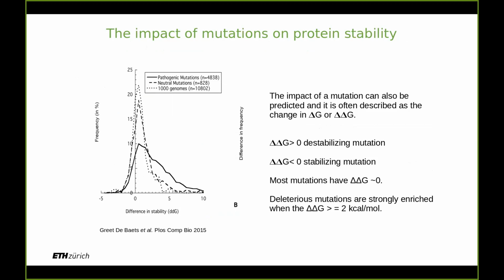And on the graph, you can see some predicted differences in stability, so this delta G, for pathogenic mutations, neutral mutations, and mutations that occur in the population. So these 1,000 Genomes variants should not be very deleterious on average. And so you can see that the pathogenic mutations, which is the dark line, tend to be shifted towards the right.